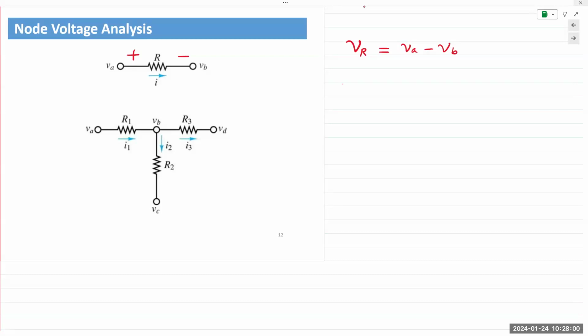From Ohm's law, I can write current I is equal to VR over R, substitute, and I get an equation for I, or that current, in terms of the node voltages.